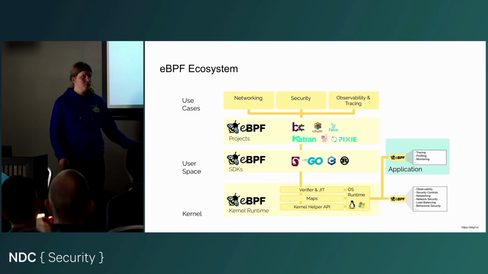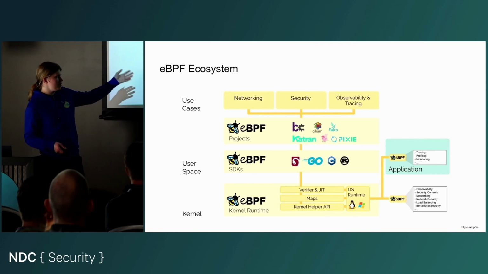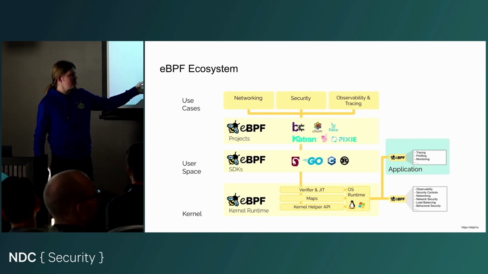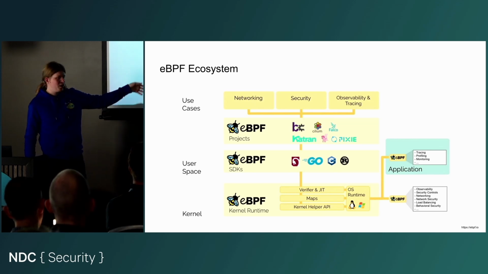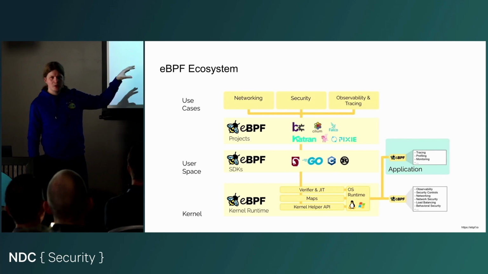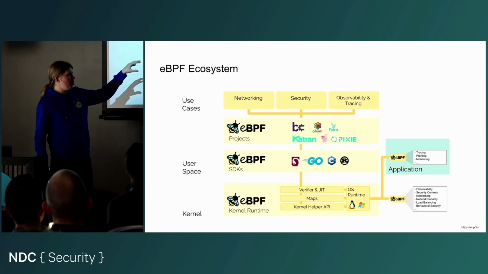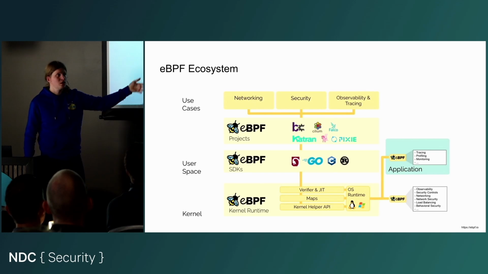Now to the eBPF ecosystem. You see here that at the lowest level we have the kernel runtime that runs in the Linux kernel. So we have the verifier, we have the maps, we have the helper API, and then if we go a little bit higher, we have our SDKs in user space. We have SDKs, as you see, for C++, Rust, and other languages.